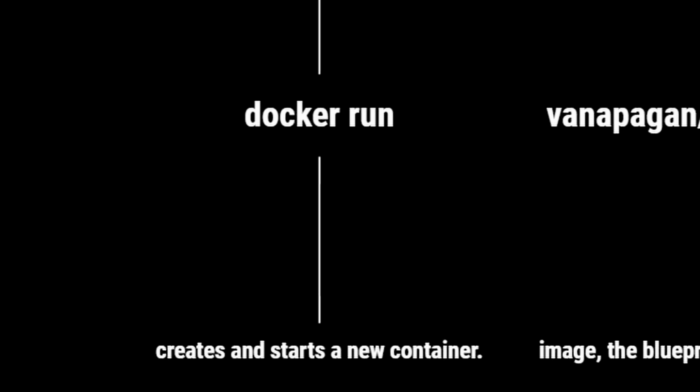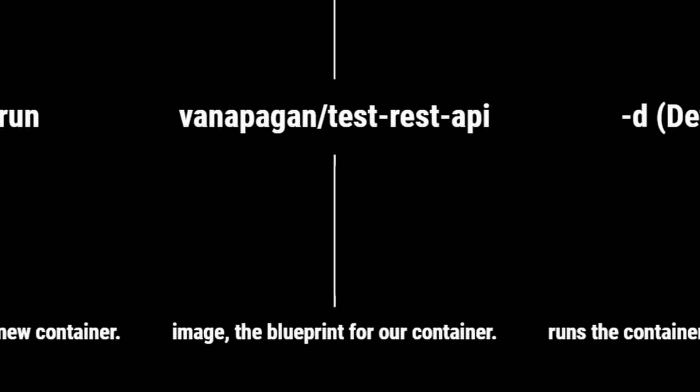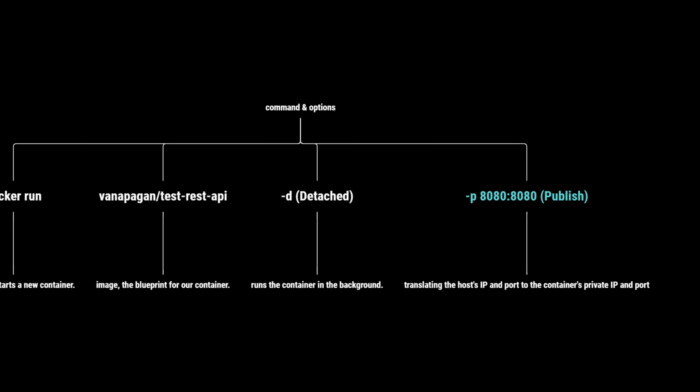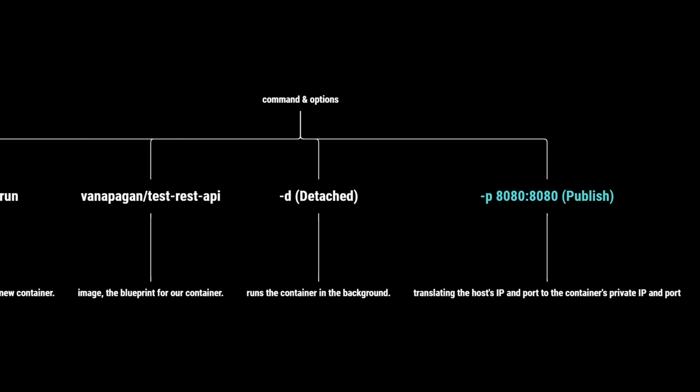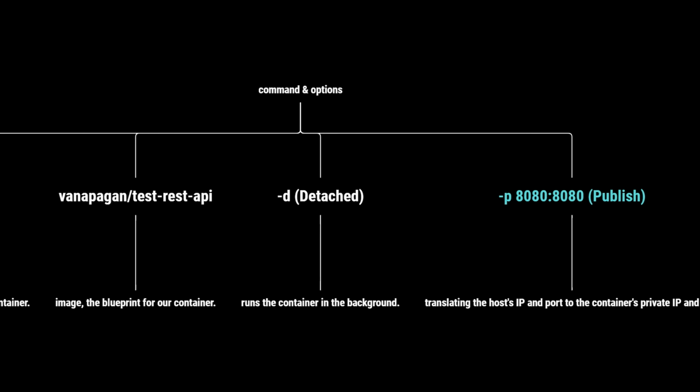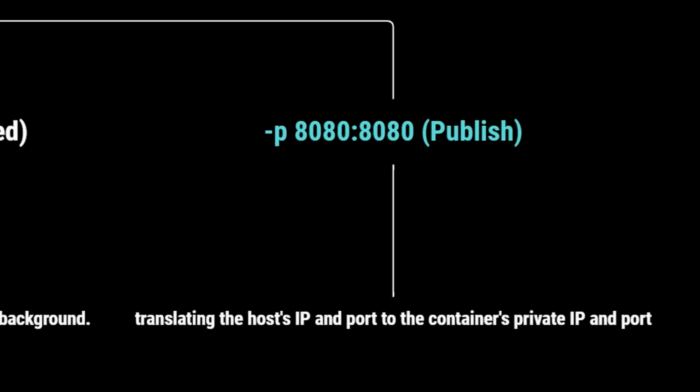Docker run. This creates and starts a new container. Then pagan/test-rest-api. This is the image, the blueprint for our container. This runs the container in the background. This is key.